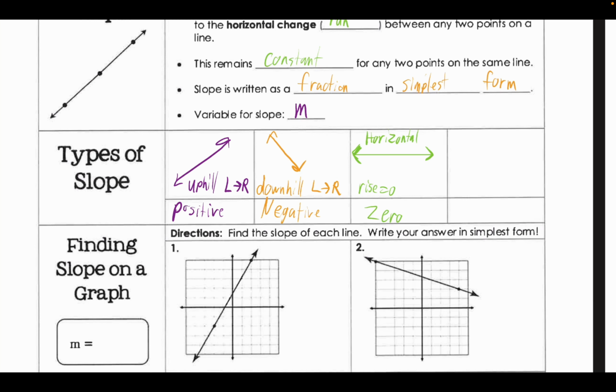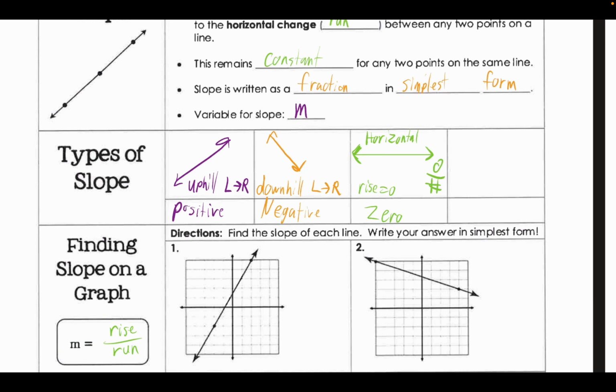Since slope is a fraction, I'm going to write it now as rise over run at the bottom left of the screen. See how much it goes up and down compared to how much it goes left and right. It is rising 0. It's not going up or down at all between any points, but it is running any number you could think of. And 0 divided by any number other than itself is 0.